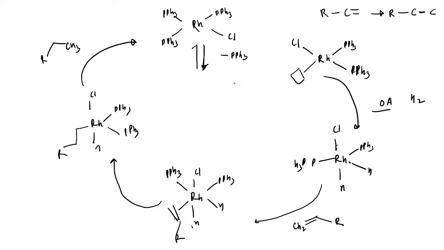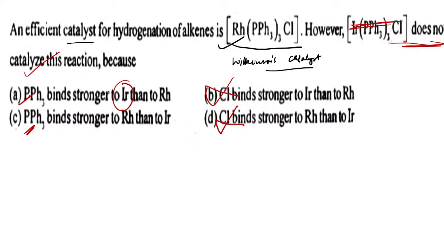If it binds stronger to iridium, this group won't leave. Just see the first process. We have to make this group leave Wilkinson's catalyst. If this bond is stronger, this process is not feasible. So this bond should be weak. In iridium, this PPh3 binds stronger than to rhodium. That's why this reaction is not happening, or it's not catalyzing this process.